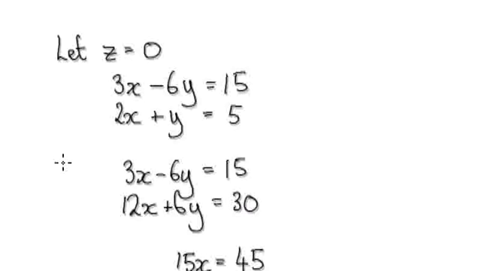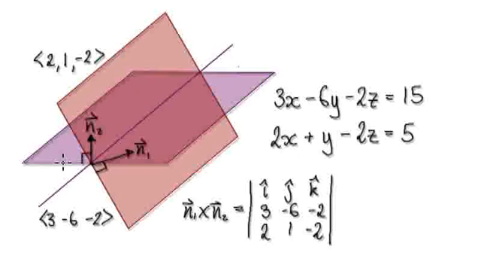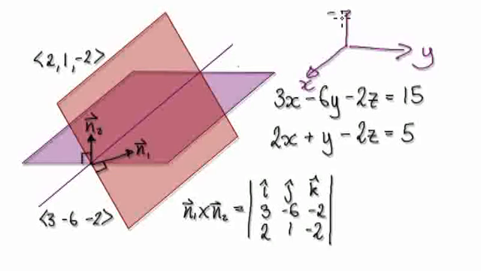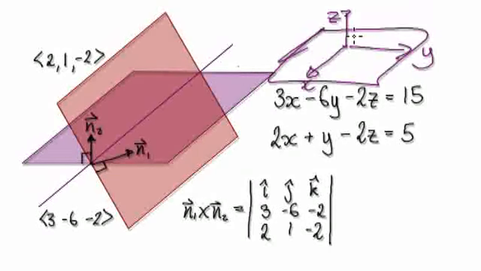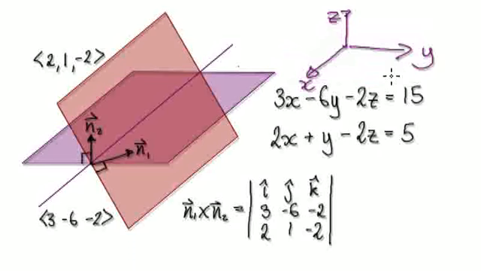And earlier back here, I said let z be 0. Earlier we were trying to find one particular point on this line, and I said let z be 0. By letting z be 0, we are just looking at the flat surface along the xy plane.